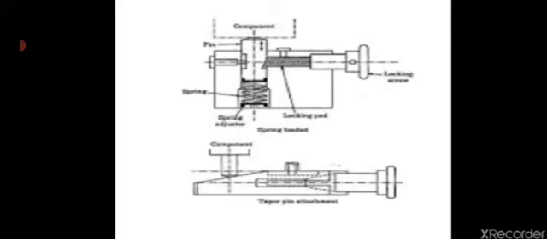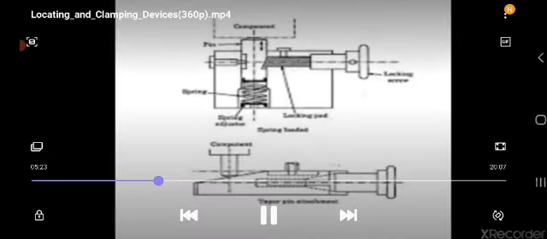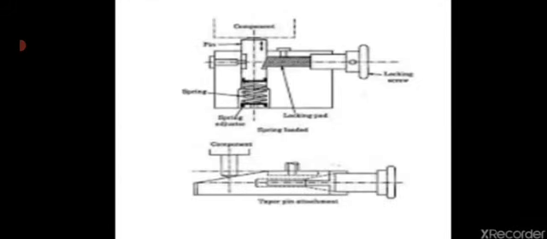By rotating the hand nut, the wedge is pushed forward and with the help of the tapered wedge, the jack pin is moved up to the workpiece surface. A return spring is provided on the other side of the wedge to push it back to the starting position when the hand nut is rotated in the opposite direction.